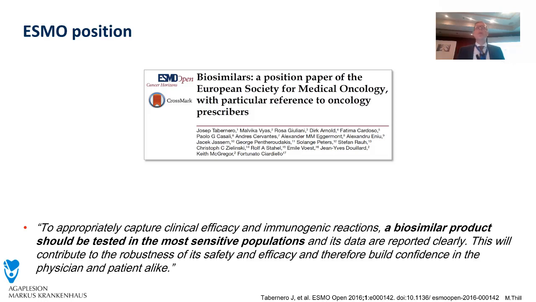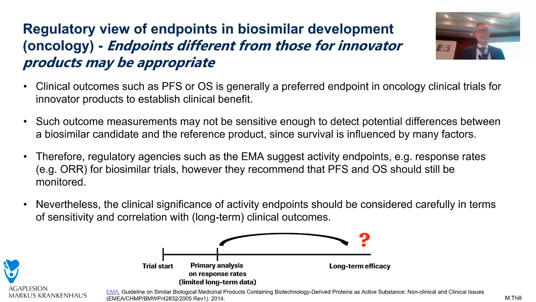The ESMO published a position paper last year, and they refer to every recommendation, and they say a biosimilar product should be tested in the most sensitive population, and we want to clarify now what is the most sensitive patient population. The regulatory view of endpoints, because we talked about endpoints already, says that progression-free survival and overall survival, as I said, is influenced by the patient itself, by the treatment lines, by the treatment duration, by comorbidities.